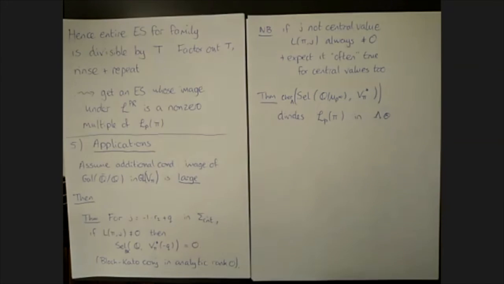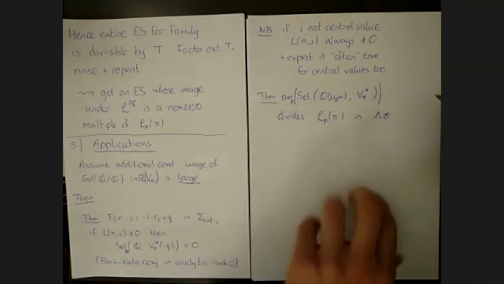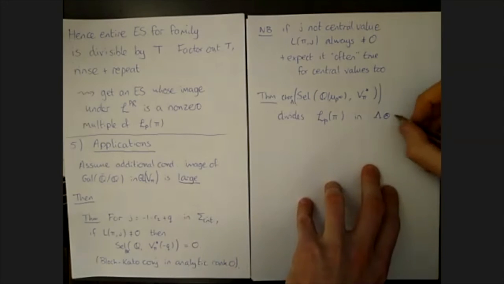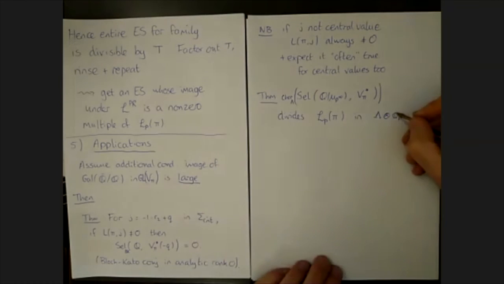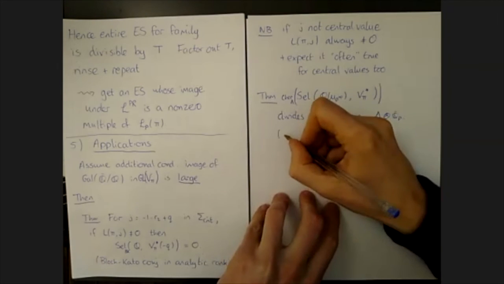I've been a little sloppy about how I define the periods. So my p-adic L-function is only defined up to an element of Q_p bar star. So I can't hope for an integral statement here, although probably one could be formulated and maybe proved by these methods. But it's certainly true that it divides this in Lambda tensor Q_p bar. But the scalars don't matter so much. So this is one inclusion in the Iwasawa main conjecture.